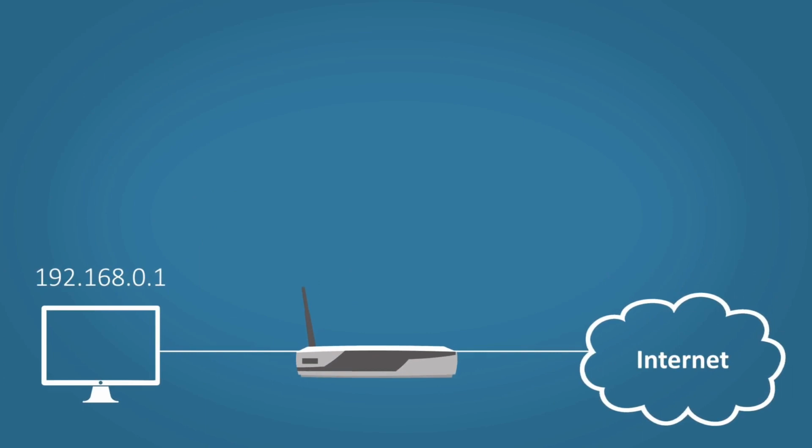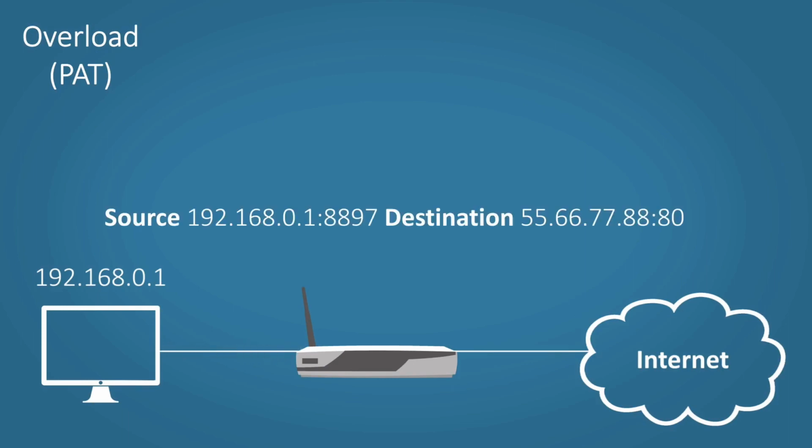First, we'll look at PAT, which stands for Port Address Translation, also known as overload. This is by far the most popular version of NAT, and is what you'll be using in your home. When your computer sends data, the router takes a look at it. It looks at the source address, the port number, the destination address, and the destination port number.